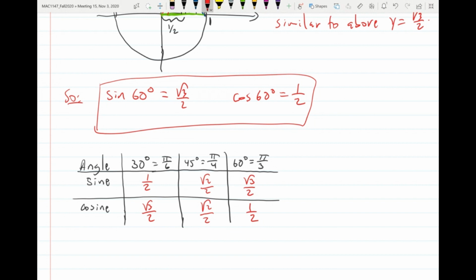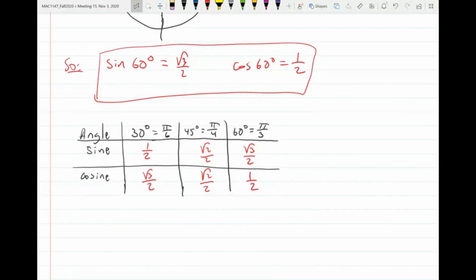So the sine of one is the cosine of the other, and the other way around. 30 and 60 are complementary, so that's why they enjoy this property. 45 is complementary to itself because the sum is 90, so sine and cosine are equal. Anyways, we'll talk about that later when we talk about right triangle trigonometry.